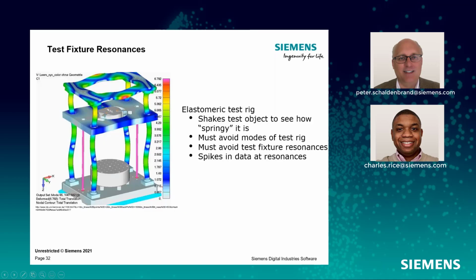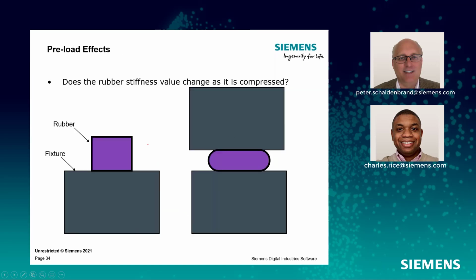So you have a mount, a piece of rubber like this, and you stick a motor on it that weighs a lot, it's going to squeeze it down, right? And the K here, when it's not squeezed versus when it's squeezed, will be a different K. They won't be equal. You want things like the correct preload, et cetera, that reflects the reality of the situation to get the right stiffness value.